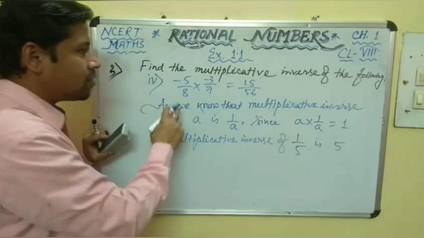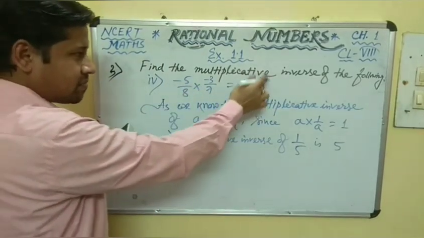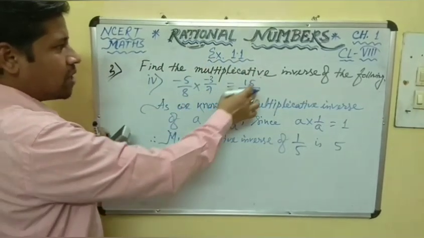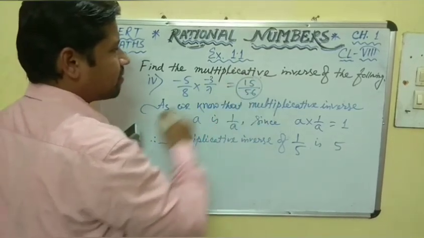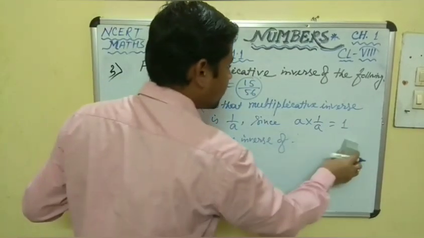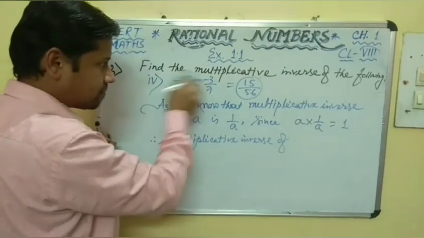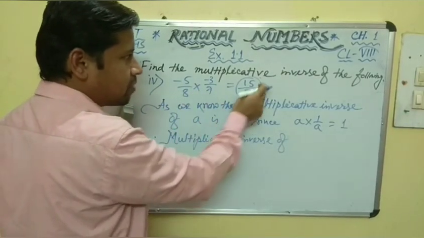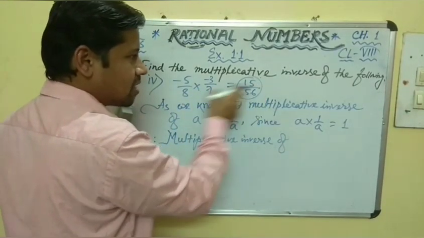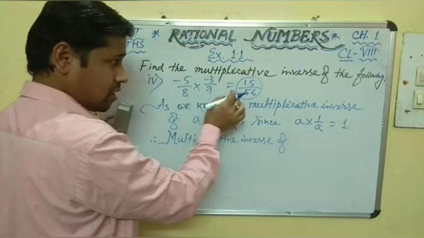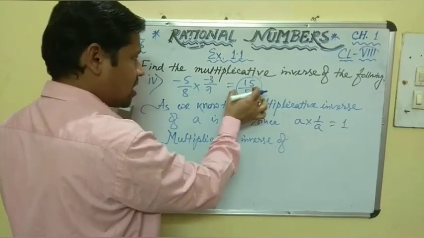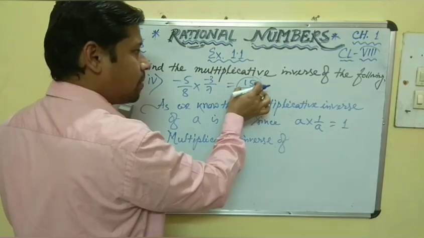Then we have to find the multiplicative inverse of 15 by 56. Here we write this one because this was in the question, but you know this and this are equal, so we will go to the answer in this format.